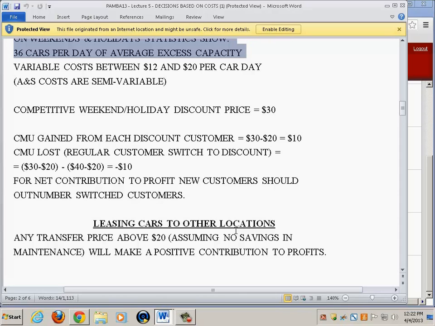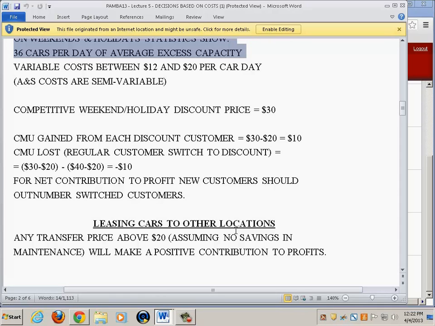So there are various kinds of tricks to try to capture different types of customers with different sensitivities to prices. And that's why differential pricing is used often, but has to be used with care so that you're sure that you're adding to your profits.